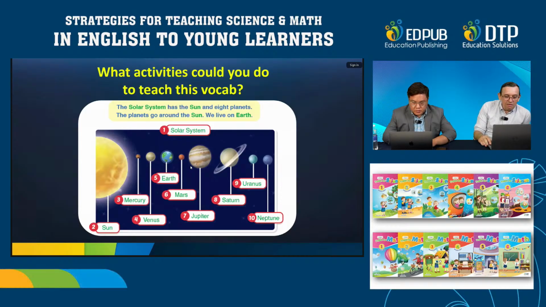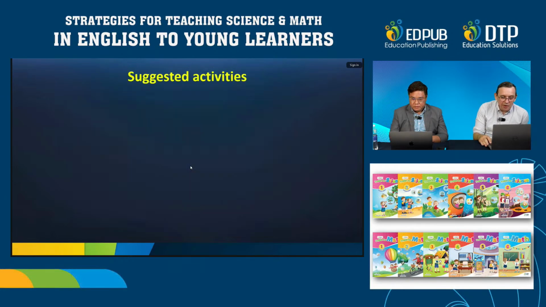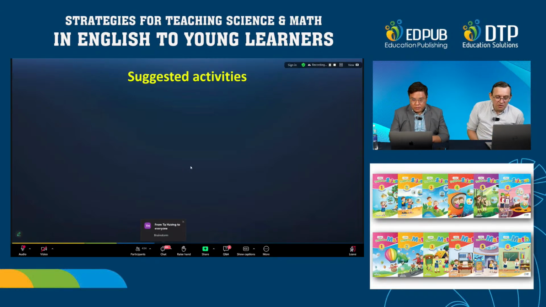So, what activities can we do to teach this vocab? How can we make it interesting, memorable for the students? And consider we've also got a little bit of a concept here that we might want to explore as well. So, I'm going to hand this to you and give you a minute.